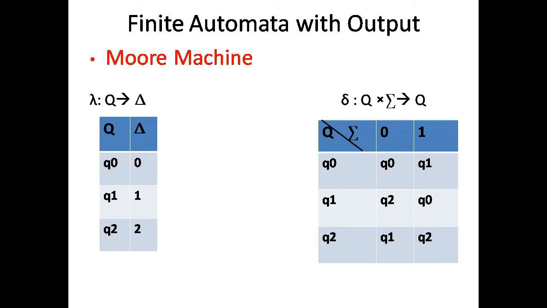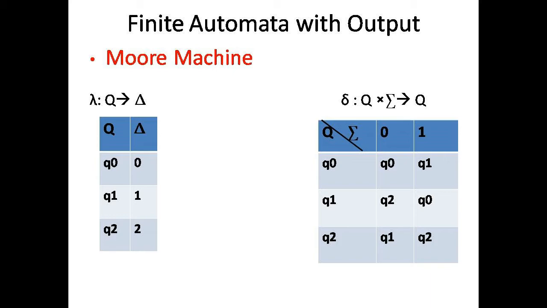Similarly, in the Q0 state, if the input is 1, the number becomes 01. The 01 is the binary number, so the number becomes 1. If we divide 1 by 3, the remainder will be 1. Then the machine goes to the 1 remainder state, that is the Q1 state.